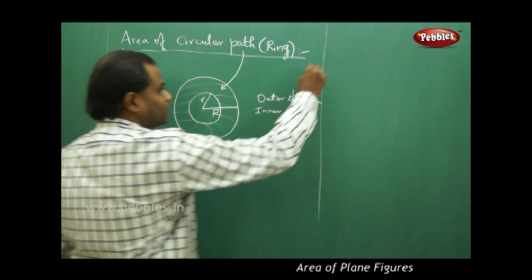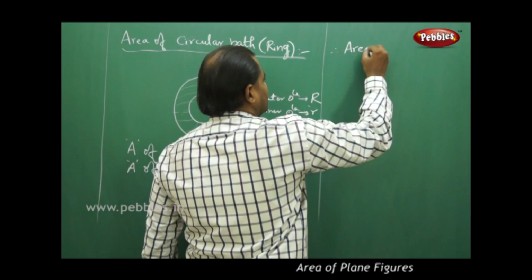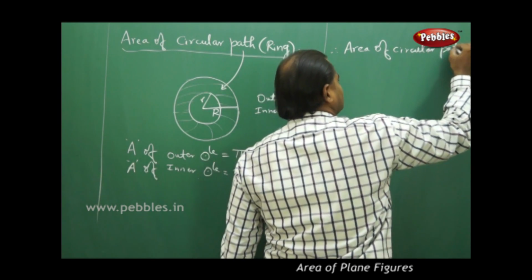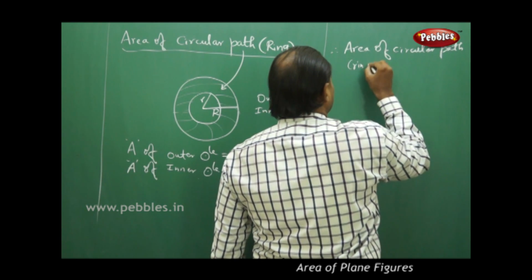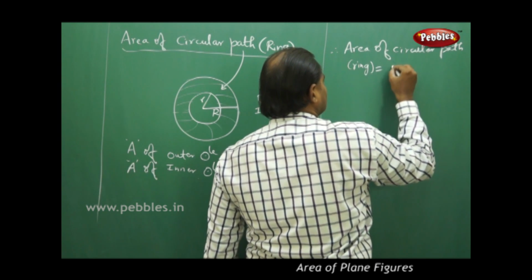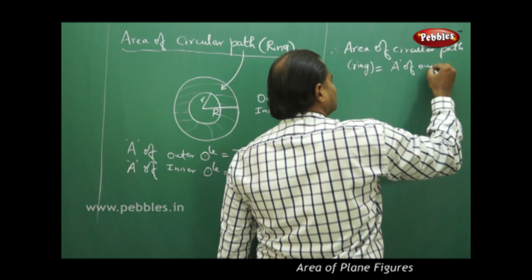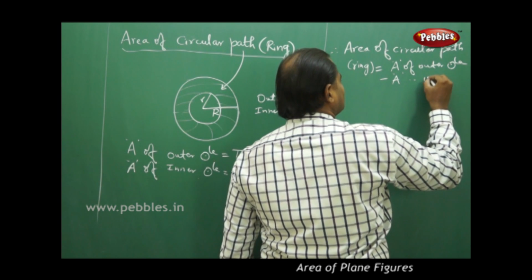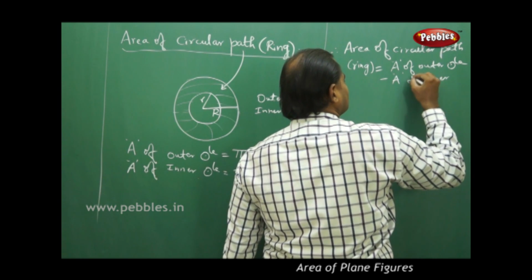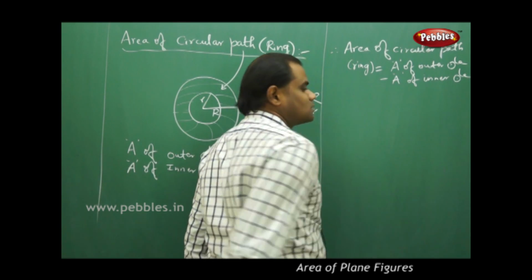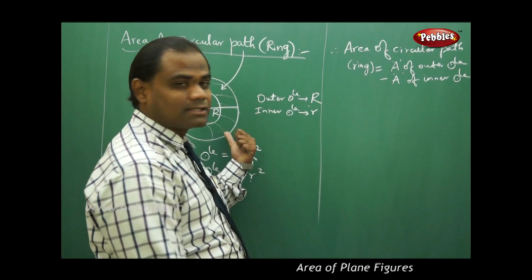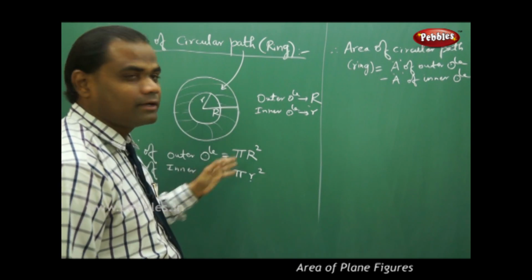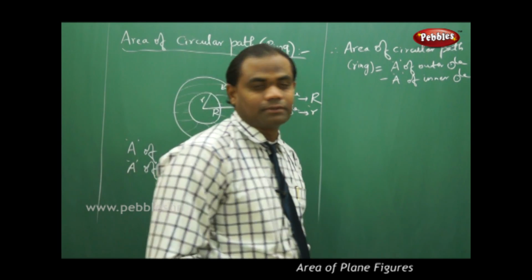Therefore, when I want to find the area of a circular path or a ring, it is the area of the outer circle minus the area of the inner circle. So this is how I obtain it, as can be clearly seen in the geometrical concept of the diagram. Outer circle minus inner circle gives me the area of the shaded region or the ring region.